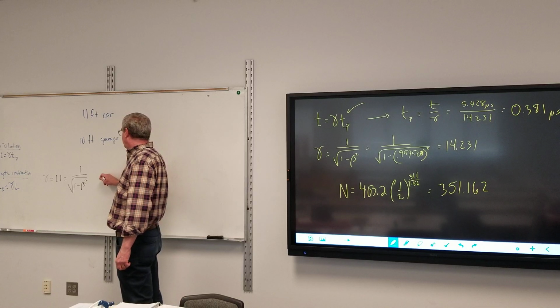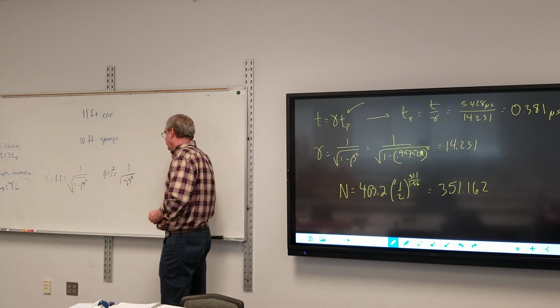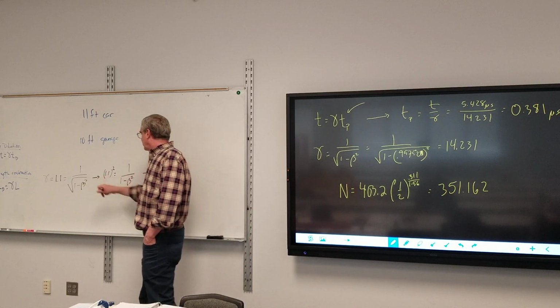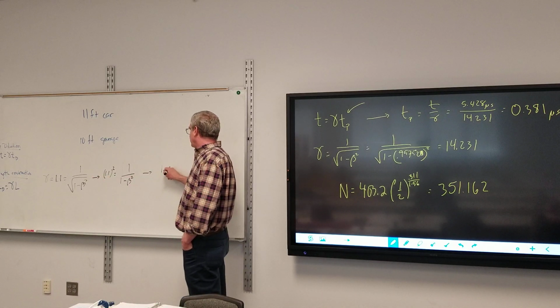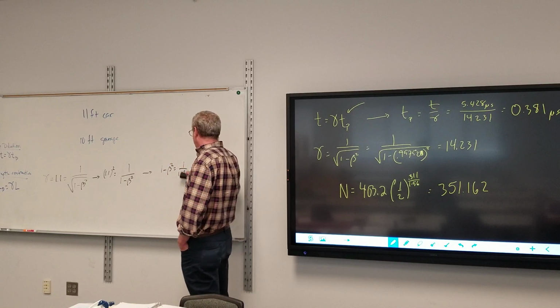So, I guess square both sides. So we got 1.1 squared is equal to 1 over 1 minus beta squared. Then 1 minus beta squared is equal to 1 over 1.1 squared, which is 1.21.